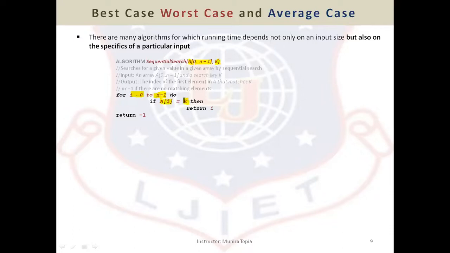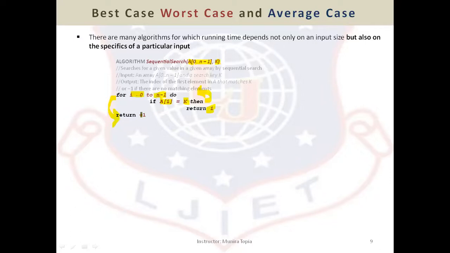If the key matches the array element, we are returning the index. If the key element is not matching the element, then we go back to the for loop, incrementing i, comparing again, and so on. What will happen if this for loop terminates? If the for loop terminates, control goes to the return statement.